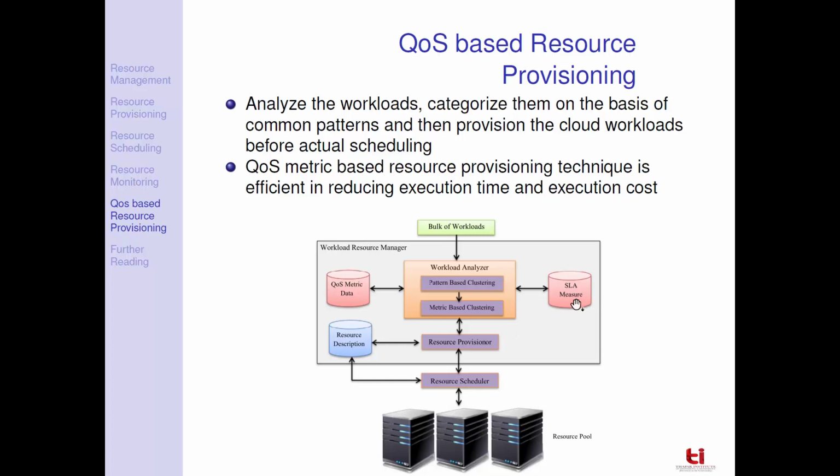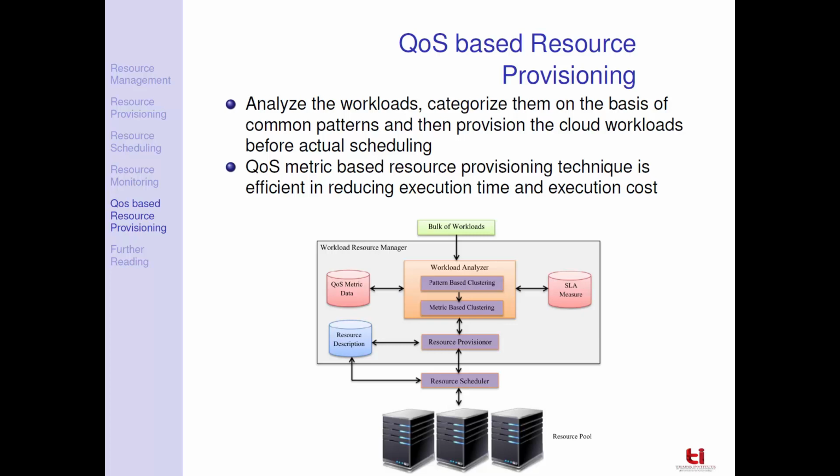What is the SLA measure? The SLA measure studies and confirms the QoS constraints which the workload has. Based on this, the workload manager checks the availability of the resources. And the QoS metric will actually give a metric by comparing all the workloads and their QoS requirements.